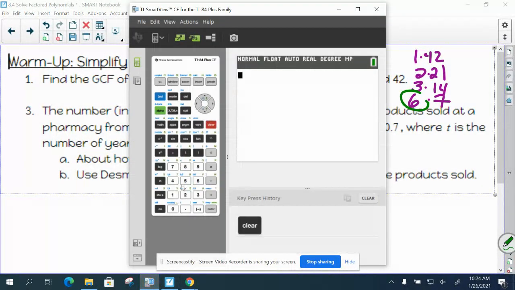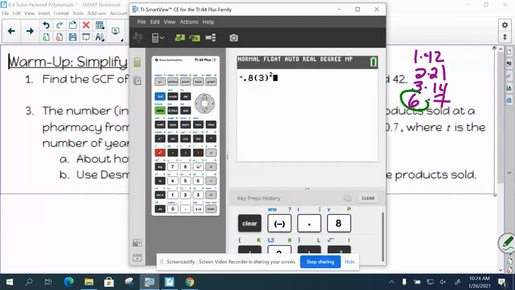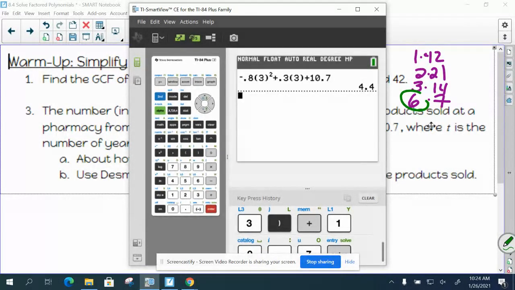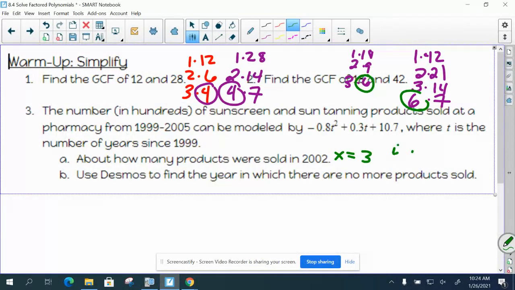So we would do negative 0.8 times 3 squared, plus 0.3 times 3, plus 10.7. We end up getting 4.4, so the answer would be 4.4 hundred products.